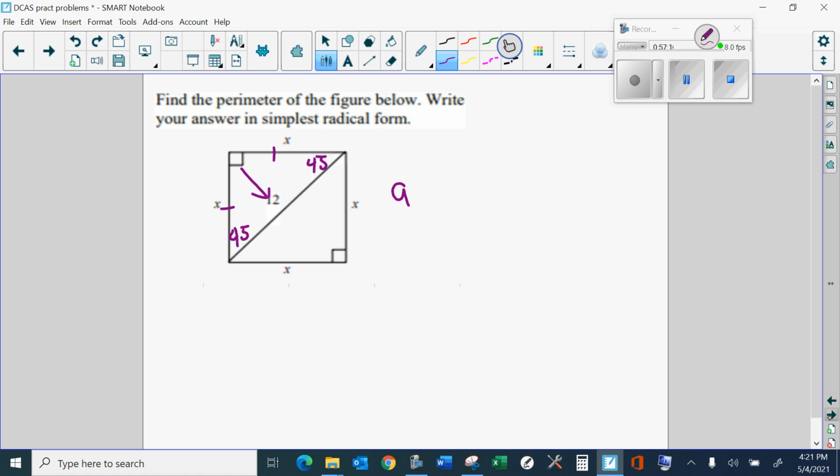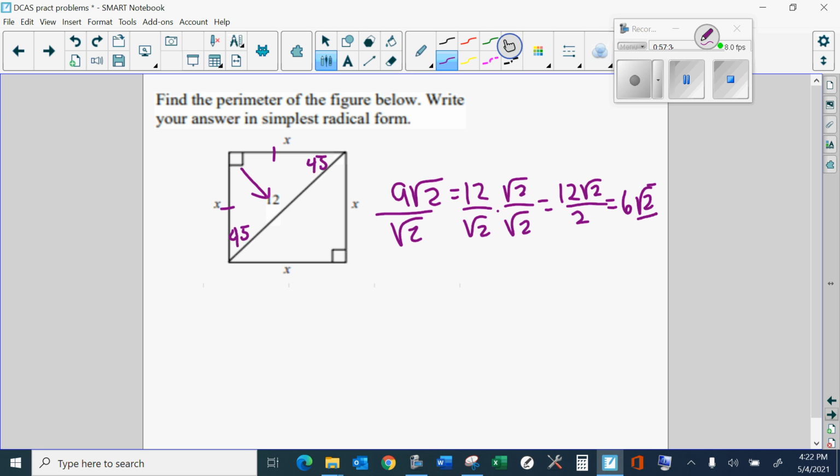You can either set that to x root 2 and solve it like this, or divide by root 2 on both sides, rationalize the denominator. I get 12 root 2 over 2, and then simplify it down to 6 root 2. There's it, doing it algebraically, but remember I told you the shortcut, you just take half the number, it gives me 6, and add on the root 2, and there you see that exact answer right there. That's the shortcut.